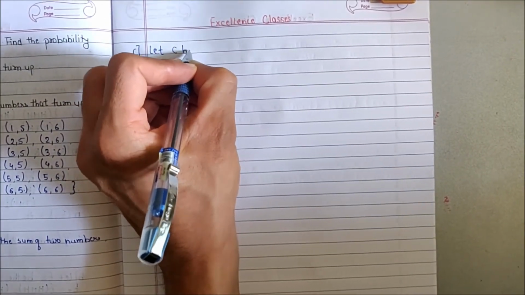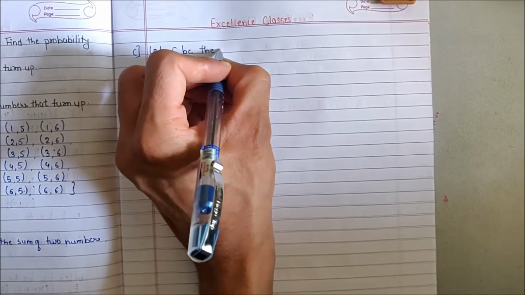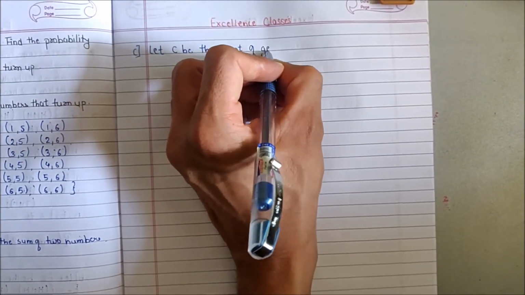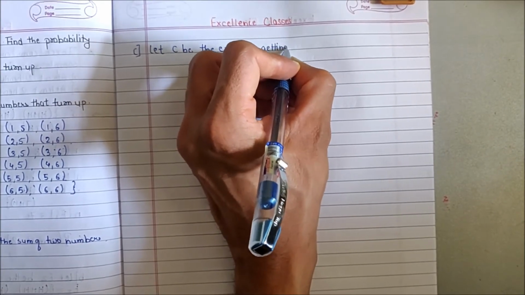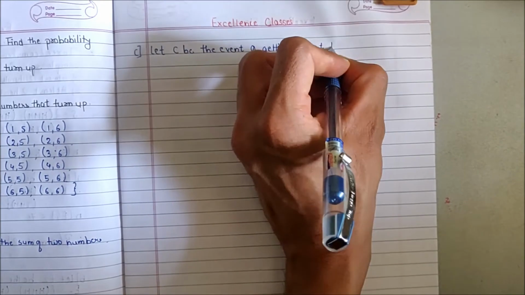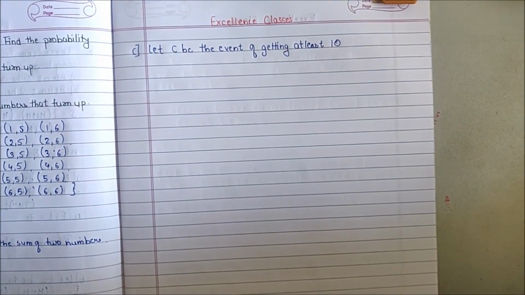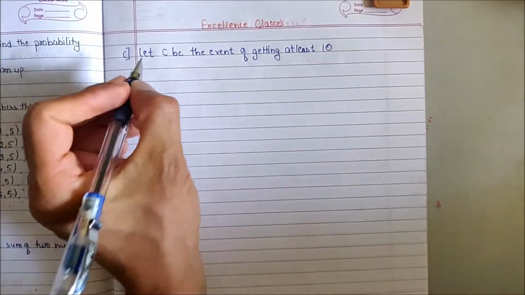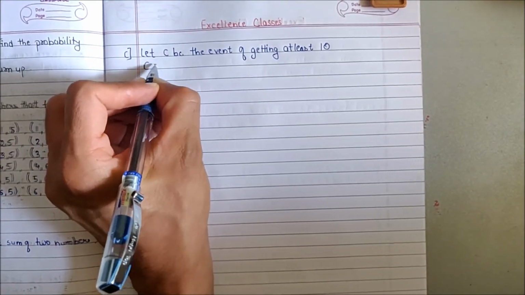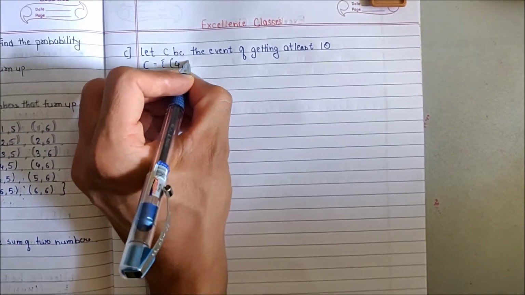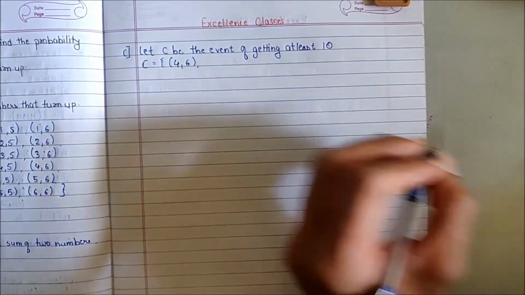Let C be the event of getting a total of at least 10. Therefore, the event C is going to turn out to be 4, 6, which gives me an addition of 10.